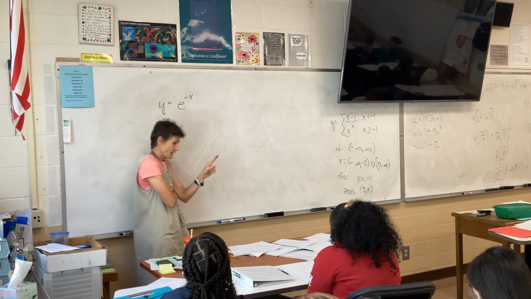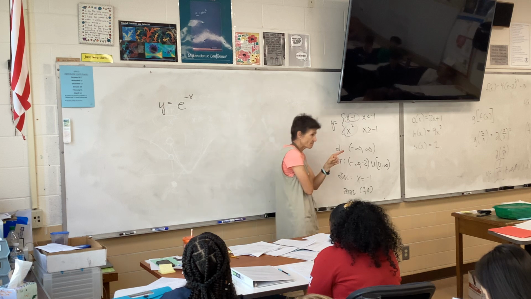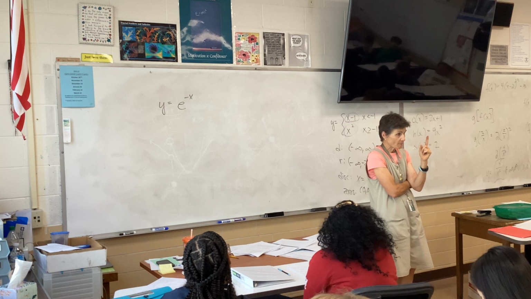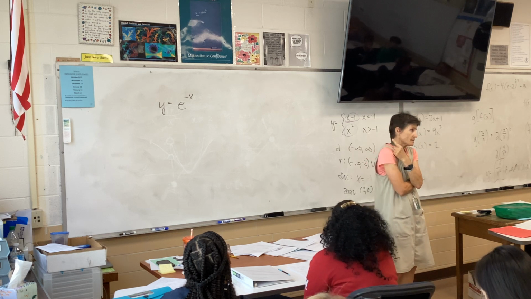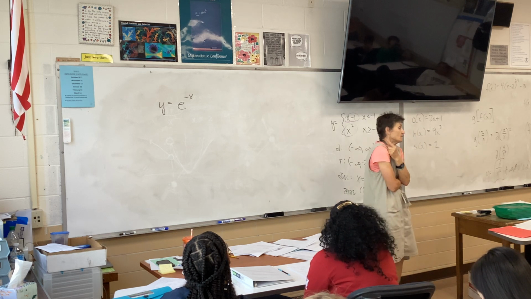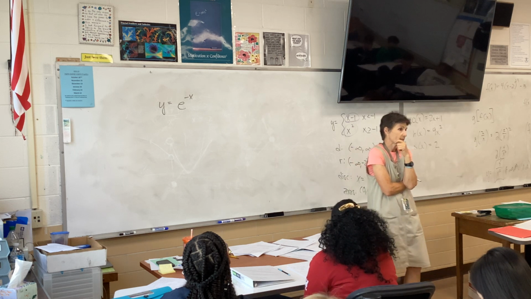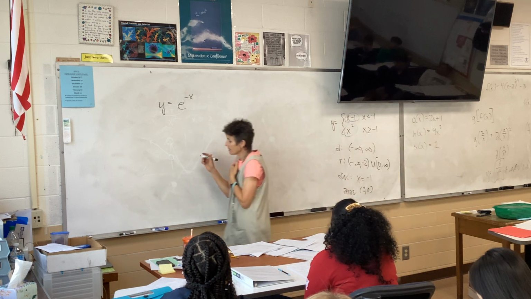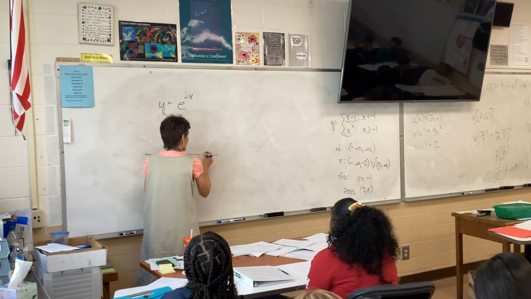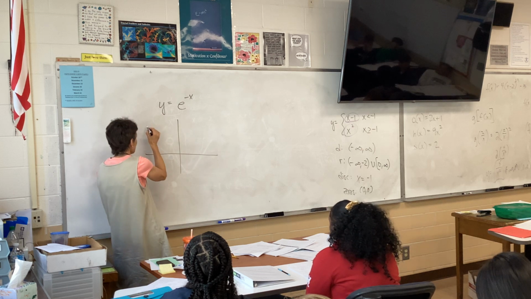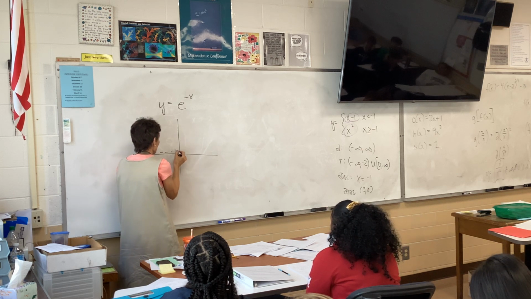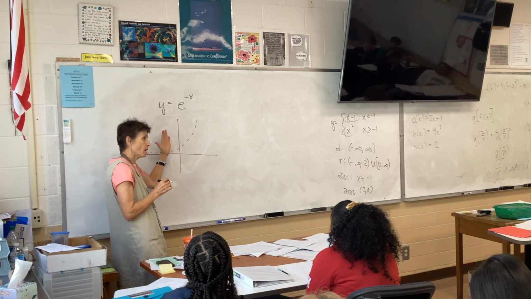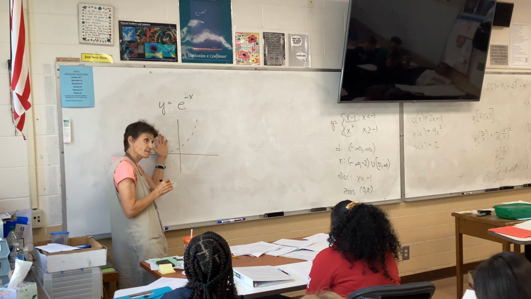So I want you to think about something. Think of your tests of symmetry. We haven't talked about those today, but you know your tests of symmetry. When you change the sign on x, what test of symmetry is that? Y-axis. So when you change the sign on x, what you're doing is taking the original picture and flipping it across the y-axis.